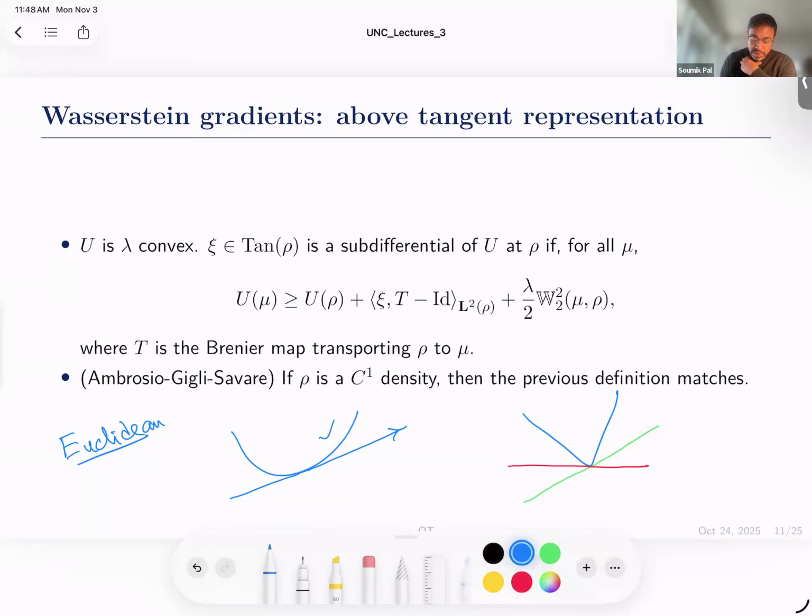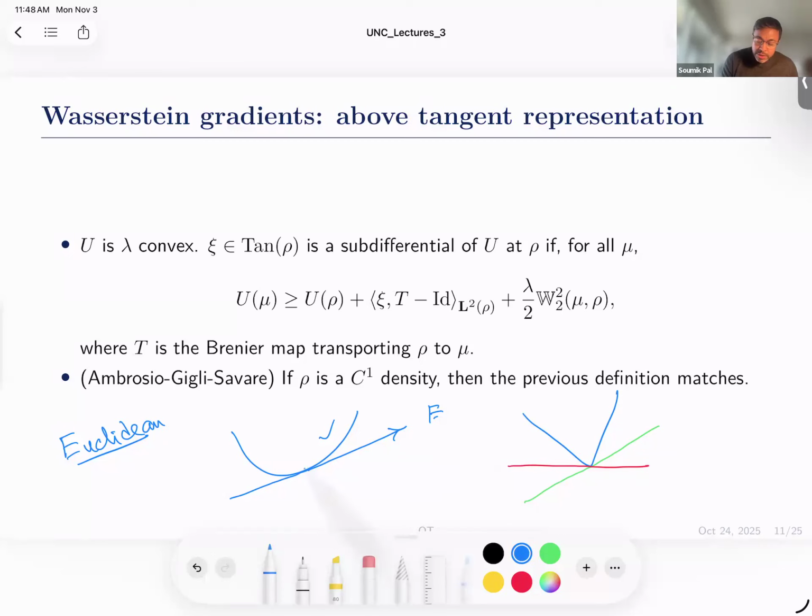That's not allowed. So there is a very geometric way of describing what a gradient or what a subdifferential of a convex function in Euclidean space is, which is to say that if I have a function f, then anything is a subdifferential.